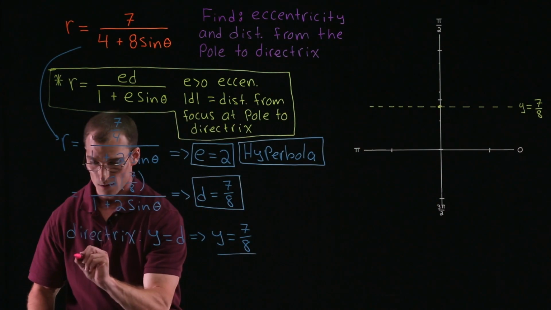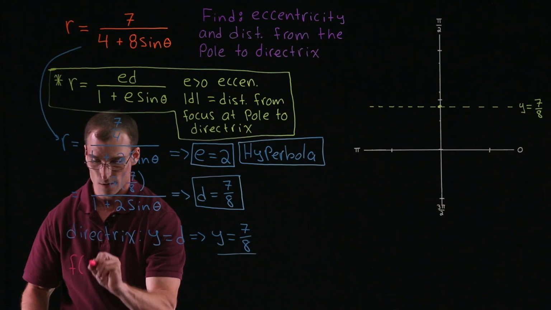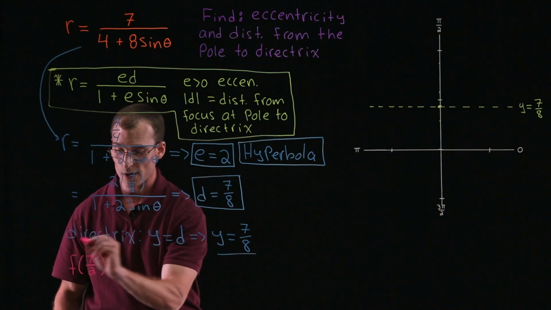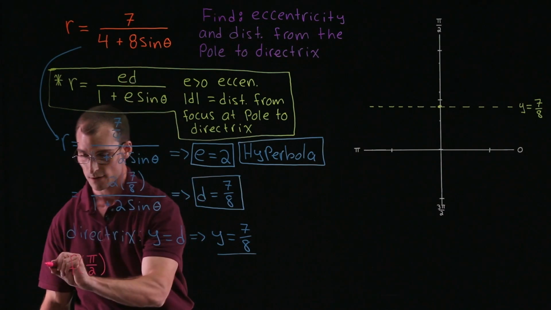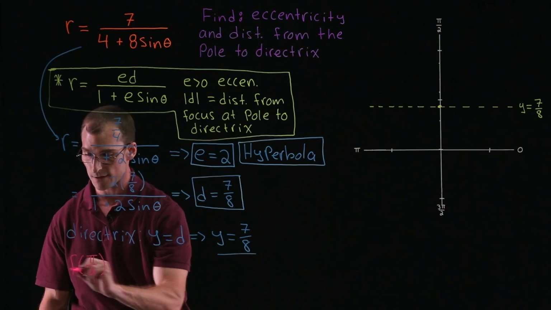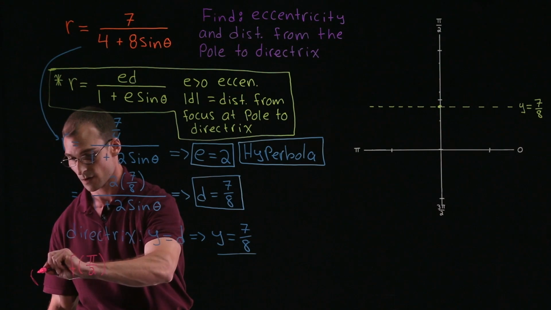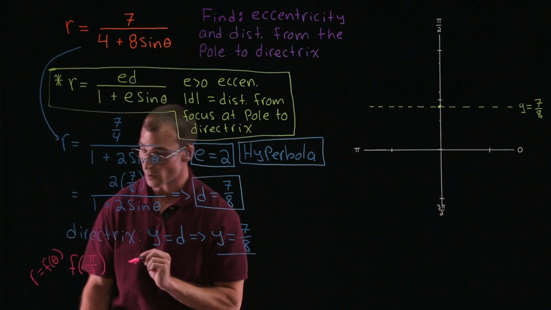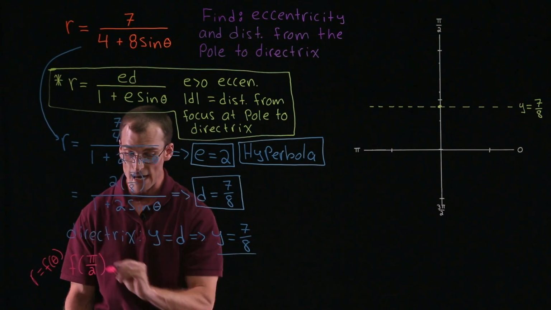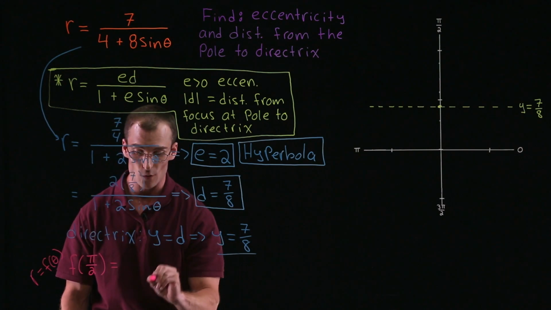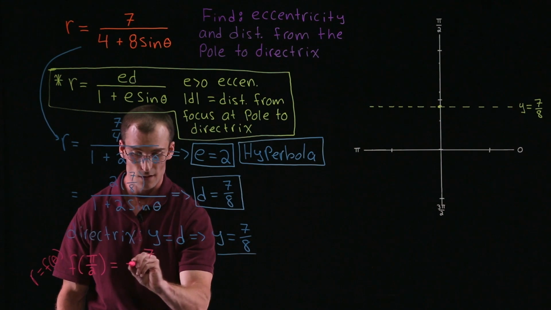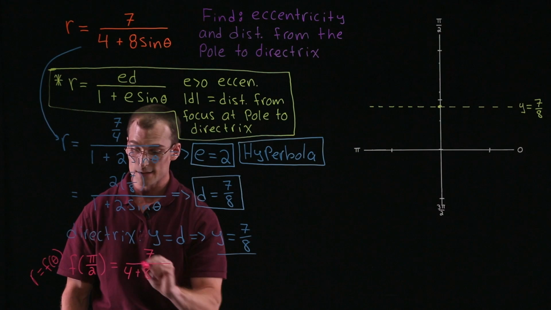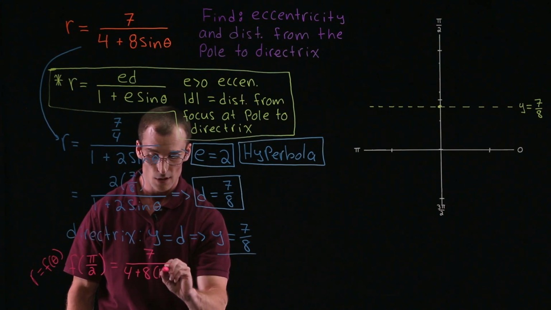So we take the value of pi over 2 and plug it into our original function, where r is f of theta; we want to find f of pi over 2. That's 7 divided by 4 plus 8 times sine of pi over 2, which is 1.